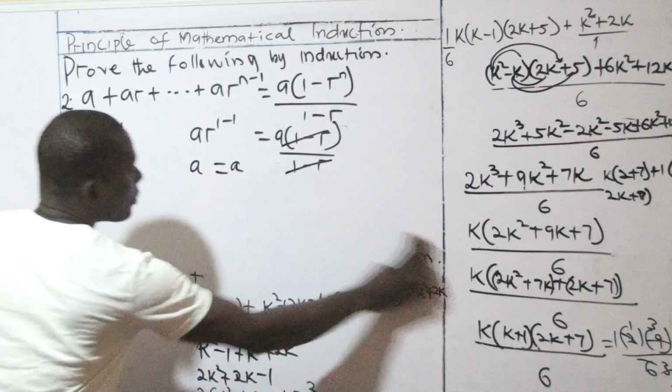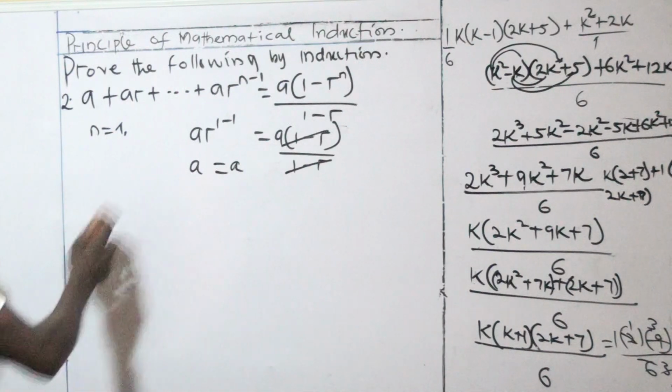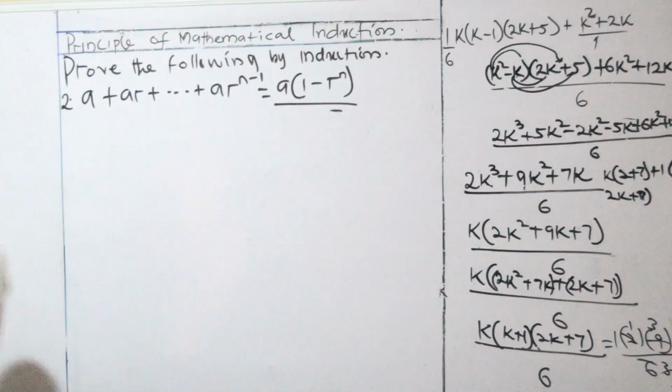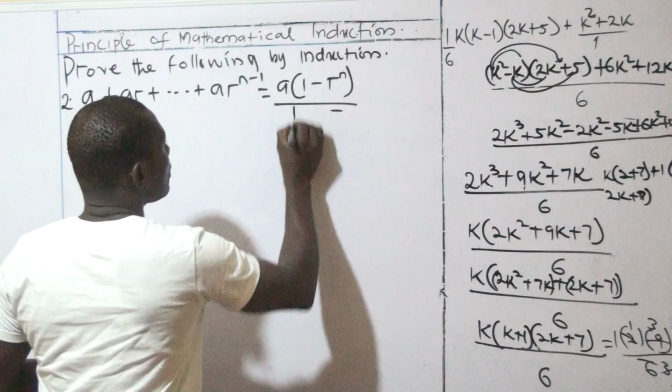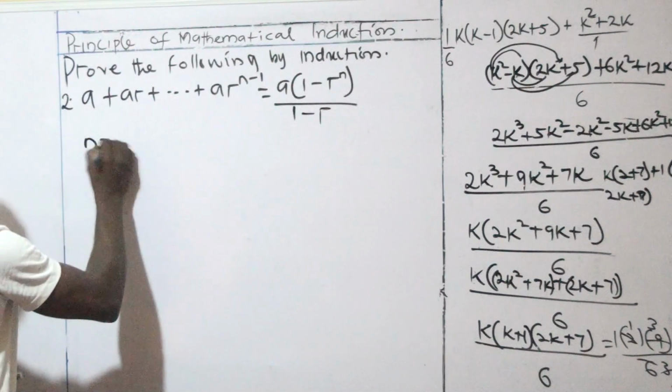Since we have been able to establish that fact, let's quickly move to n is equal to k.